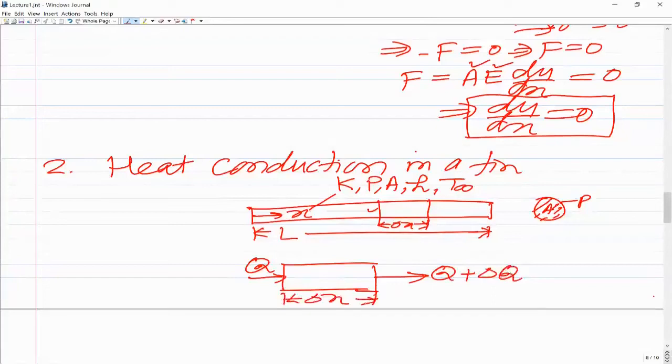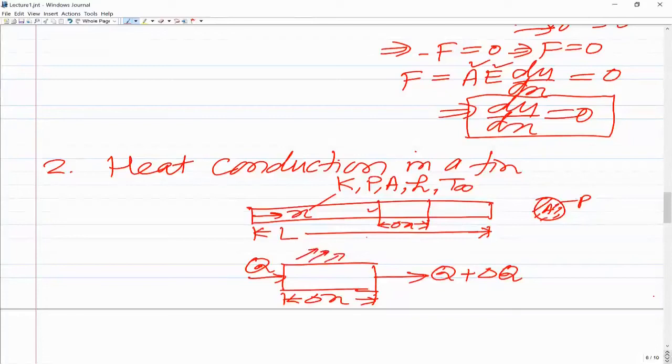Also there is convection from the surface. So through the convection there is also heat going out of this. I presume that you know some basic idea about the convective heat transfer coefficient.